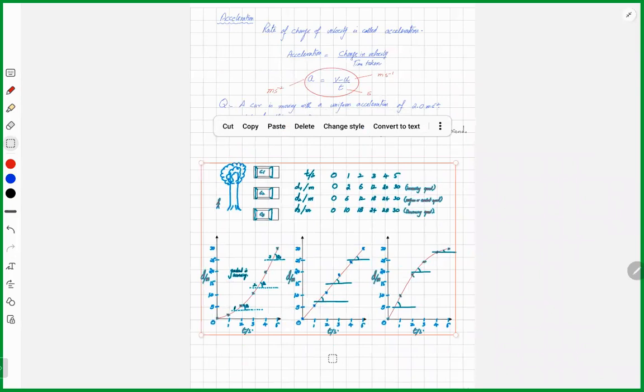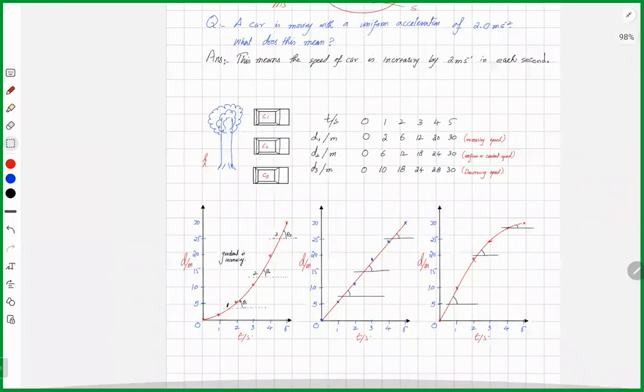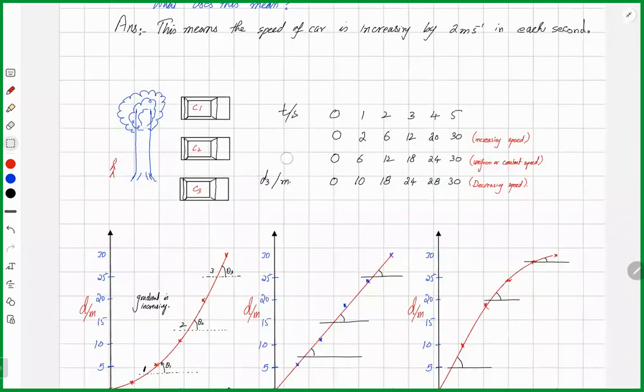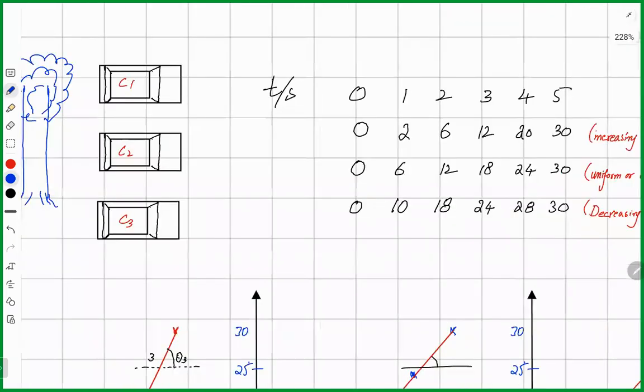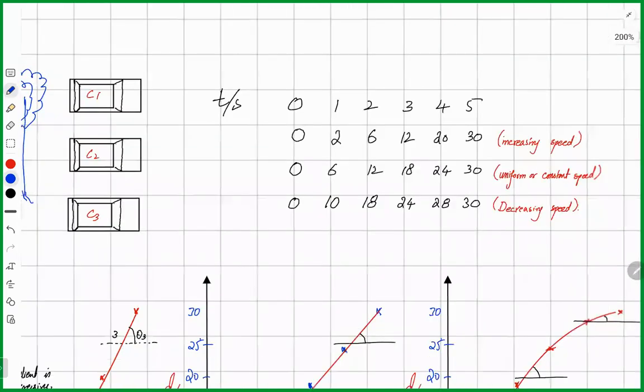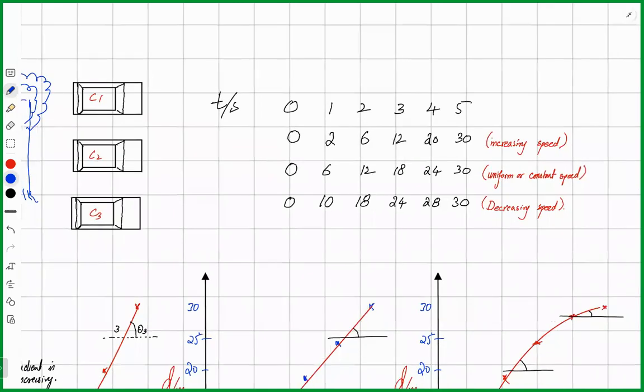Now, let's say these are instead of distances, they are speeds.